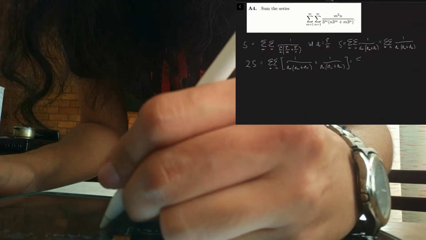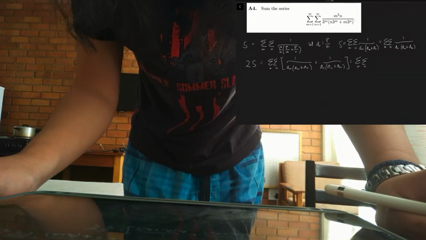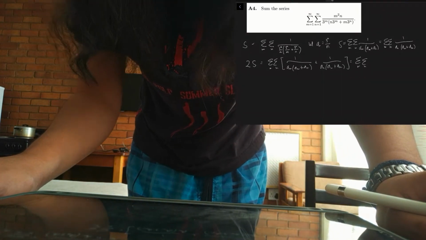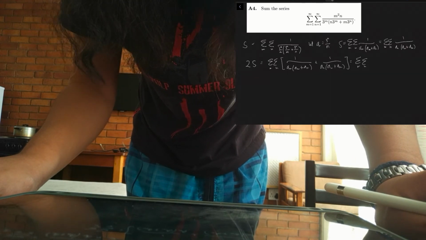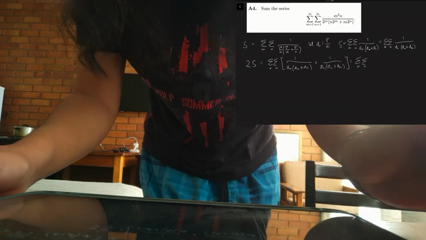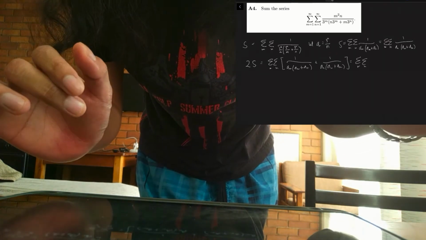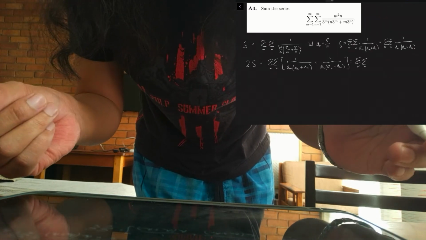Of course that simplifies, because they have a common denominator a_m a_n times a_m plus a_n. In the end, when you add them, the numerator becomes a_n plus a_m, which cancels with the common denominator a_n plus a_m. So the final result will just be 1 over a_n.